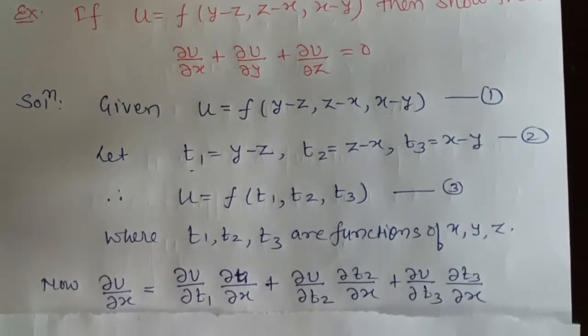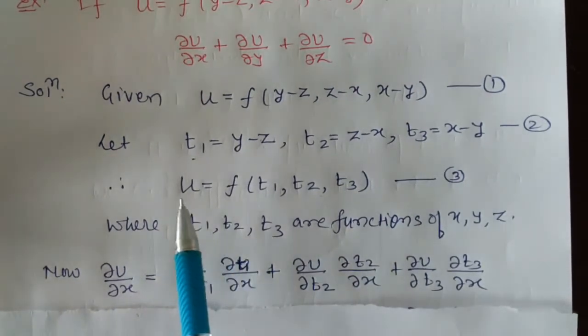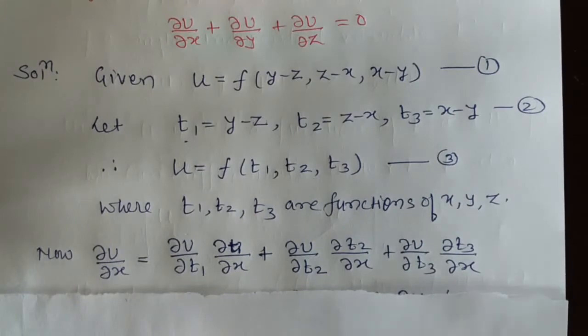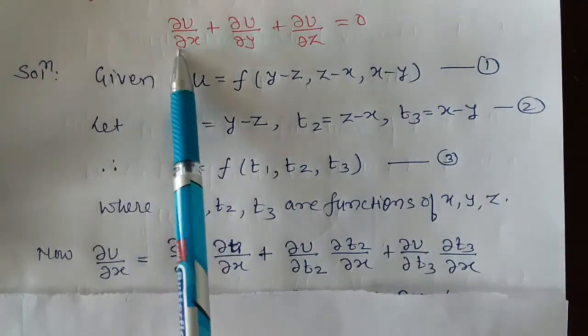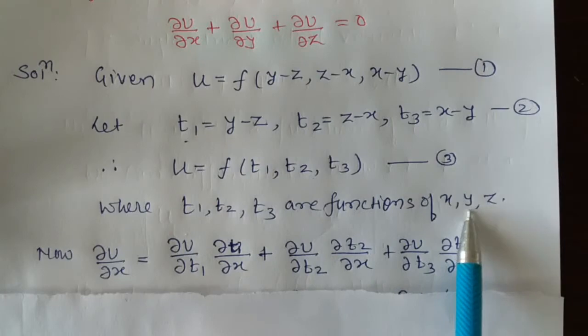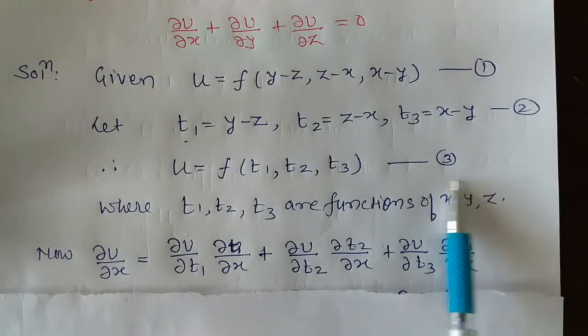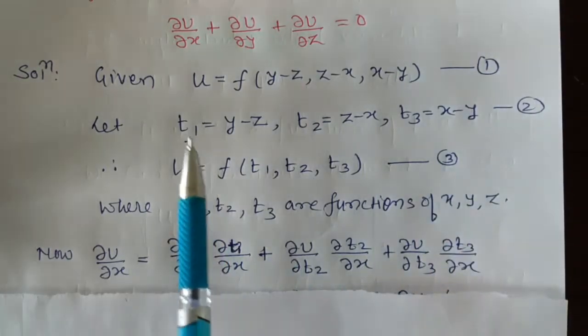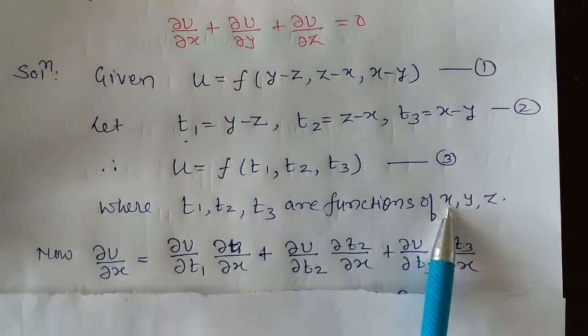So first we differentiate u with respect to x partially, because of three independent variables.